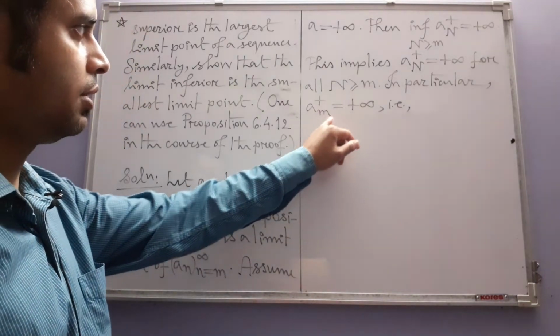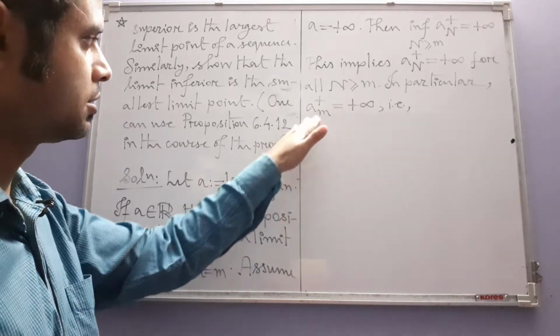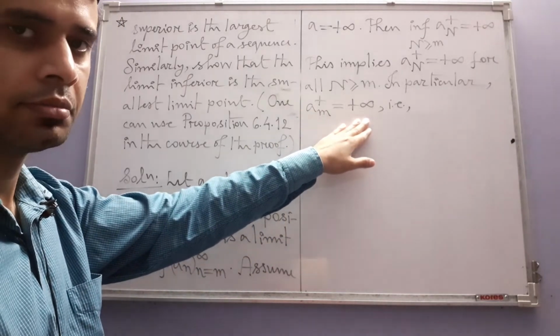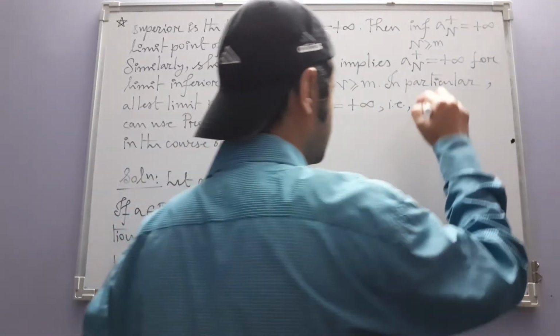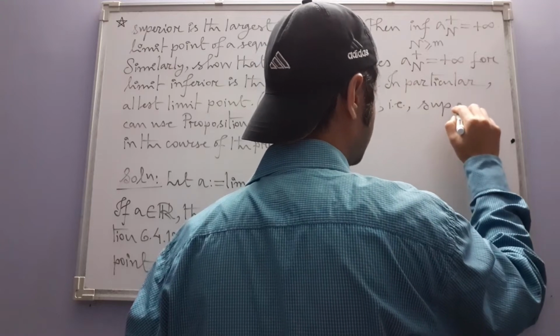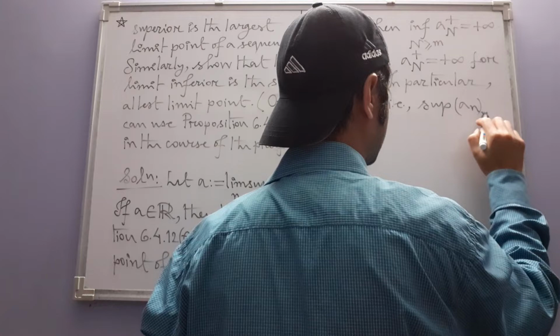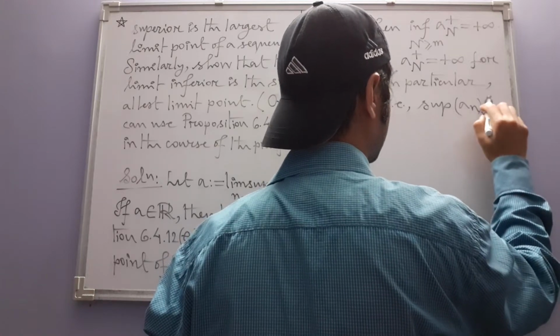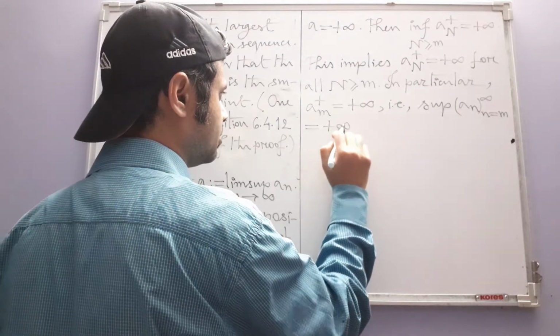Because here we have taken m, all the terms of the original sequence are here in this a_m plus. That is, a_m plus by its very definition is the supremum of the sequence itself. And that is plus infinity.